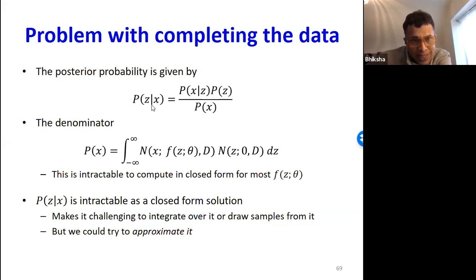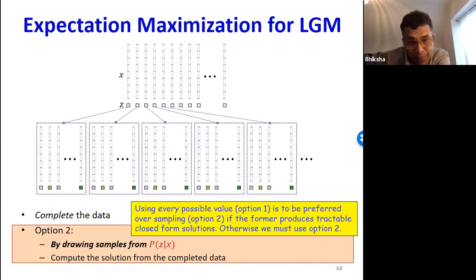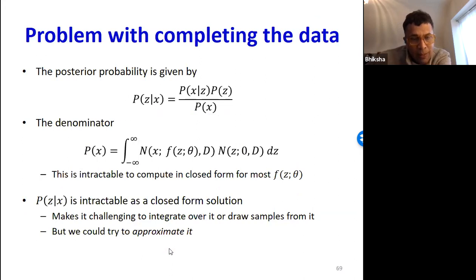P of z given x, using Bayes' rule, is p of x given z, p of z, over p of x. Easy. P of x, but then we saw, is this ugly formula that we cannot compute. So while I happily said we're going to draw samples from p of z given x, by adding this nonlinearity on z, it turns out that not only can you not compute p of x, you cannot compute p of z given x either.